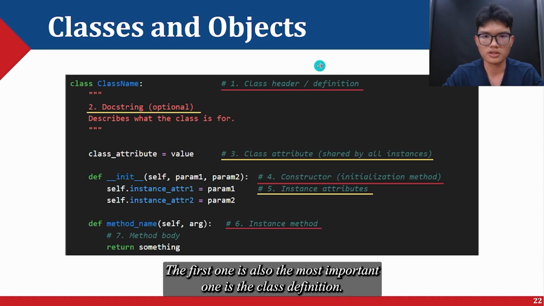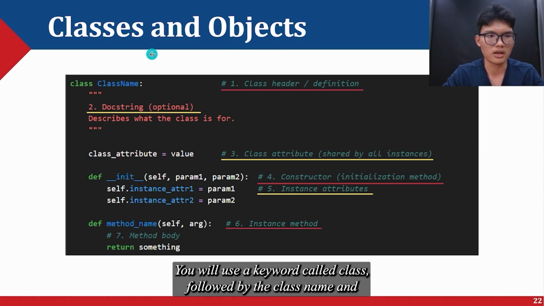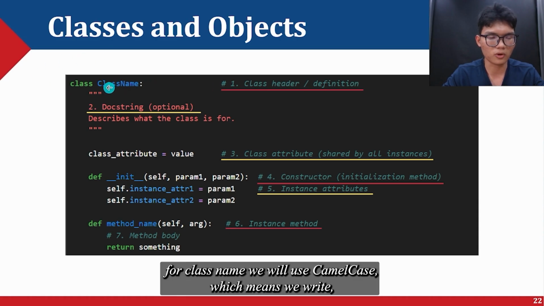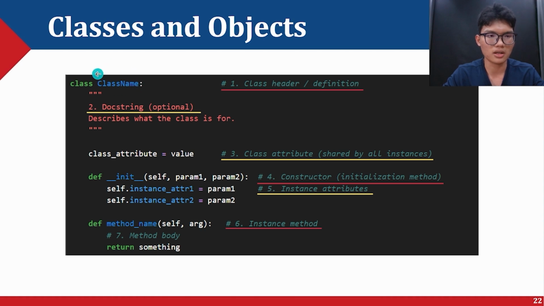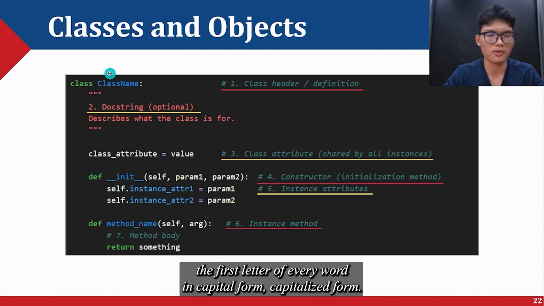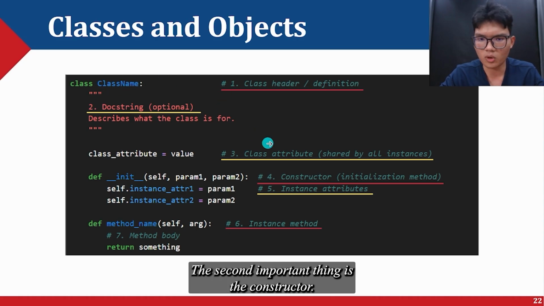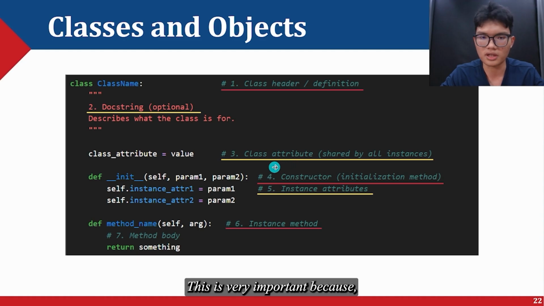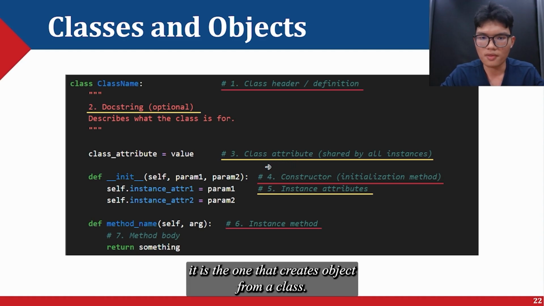The first one, and also the most important one, is the class definition. You will use a keyword called class followed by the class name, and notice that for the class name we will use camel case, which means that we write the first letter of every word in capitalized form. The second important thing is the constructor. This is very important because it is the one that creates an object from a class.